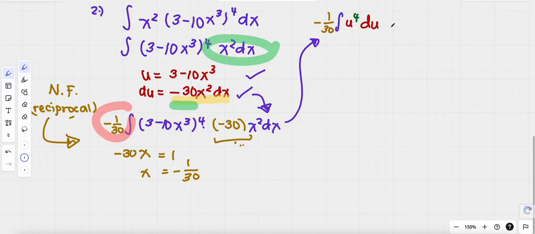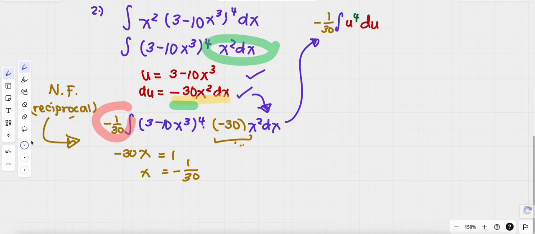Now this time, what will be our next procedure? What will be our technique here? What rule do we simply use? We have a power, so we can use a procedure similar to example 1.